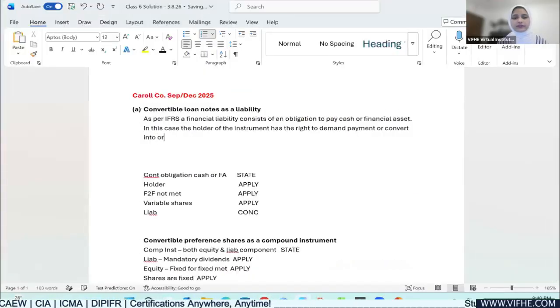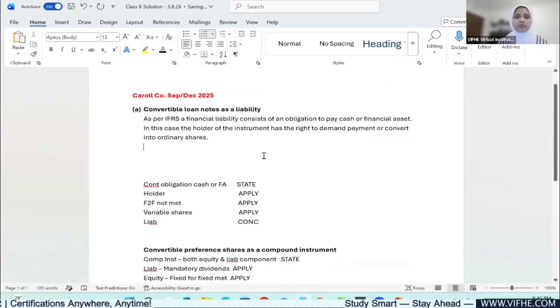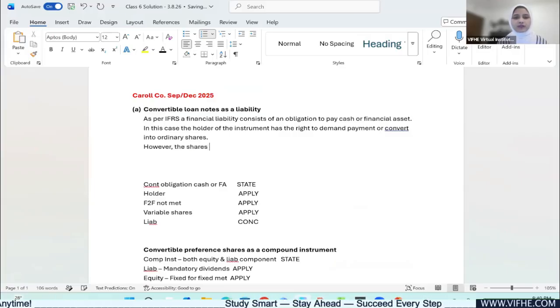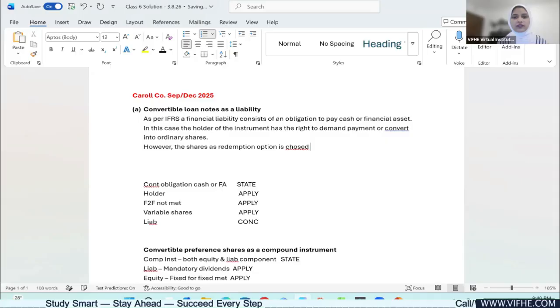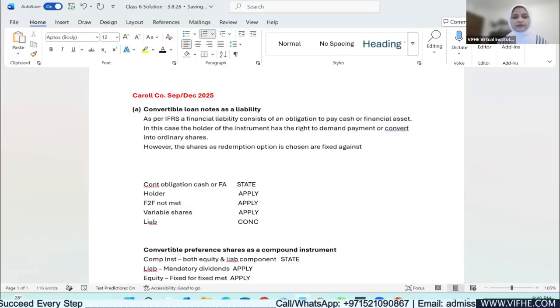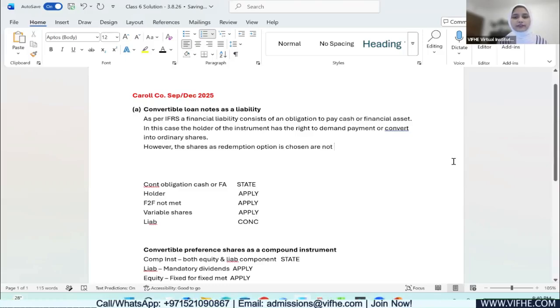Into ordinary shares. Okay. However, the shares, if chosen, the share of shares as redemption option, if chosen, are not fixed, because F2F not met, no? So are not fixed.